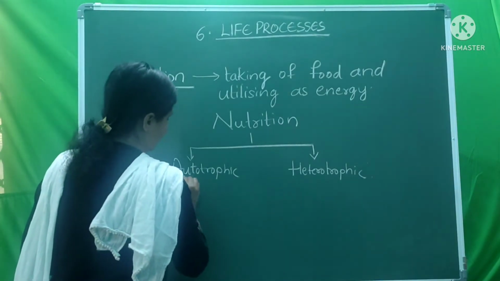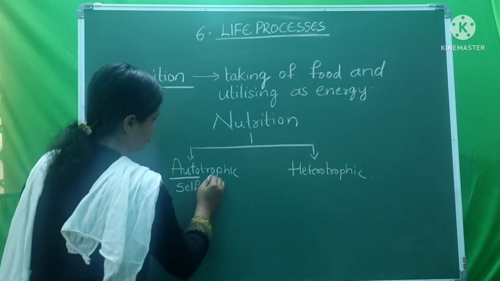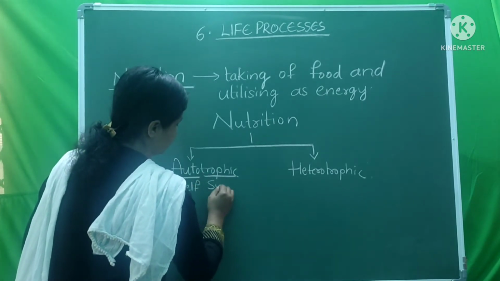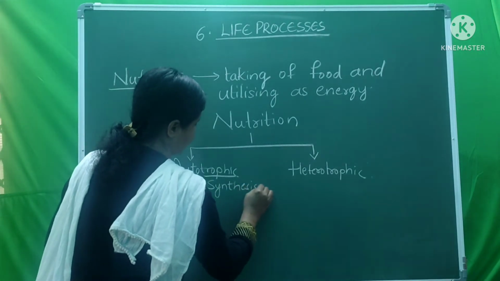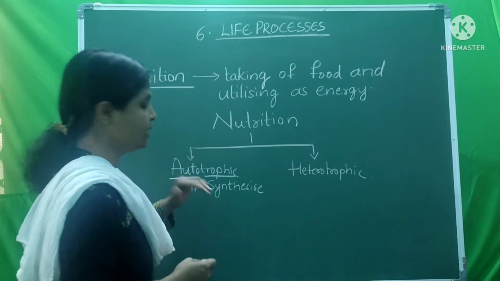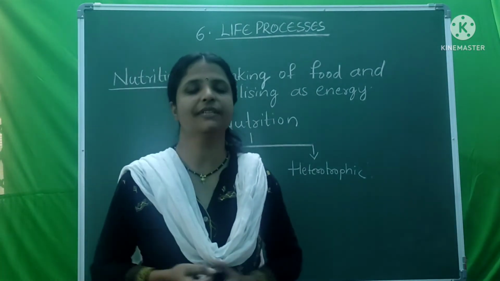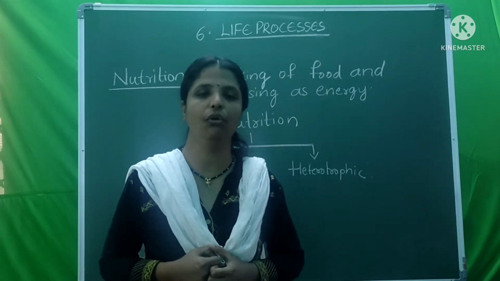Auto इसका मतलब होता है self और trophic का मतलब होता है synthesize. Okay, so autotrophic, that is self synthesize. So self synthesize कौन करता है? Who can prepare their own food?